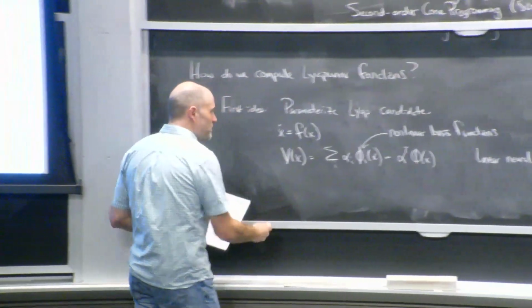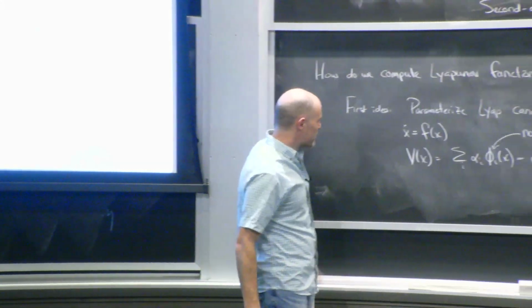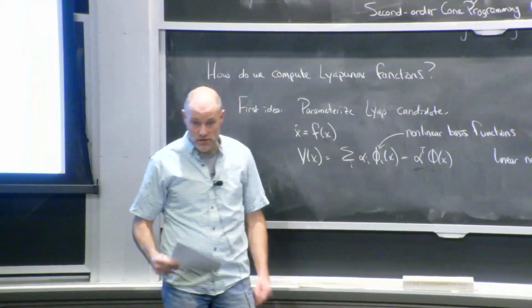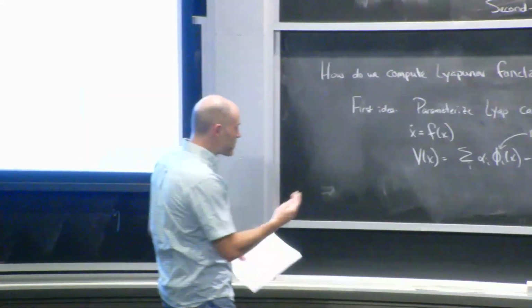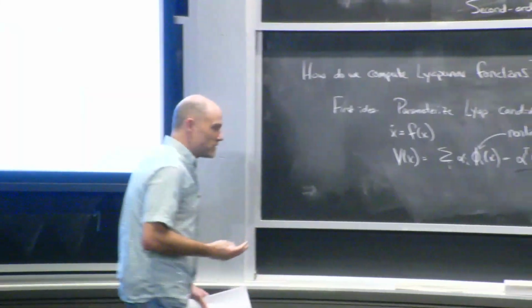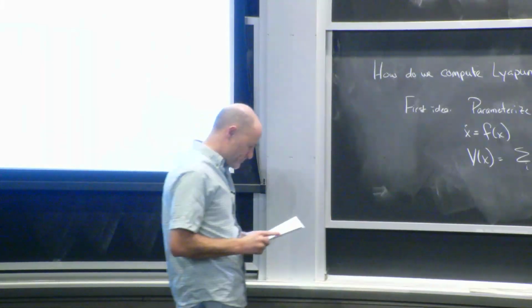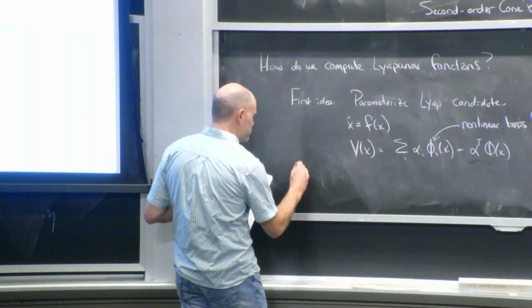So it's not like we have to come completely out of thin air or in a non-parametric way. We're going to parameterize candidate Lyapunov functions, like in my motivating example. And then we're going to formulate this as a search over alpha to find something that satisfies all the Lyapunov conditions. Okay? How do we use convex optimization?